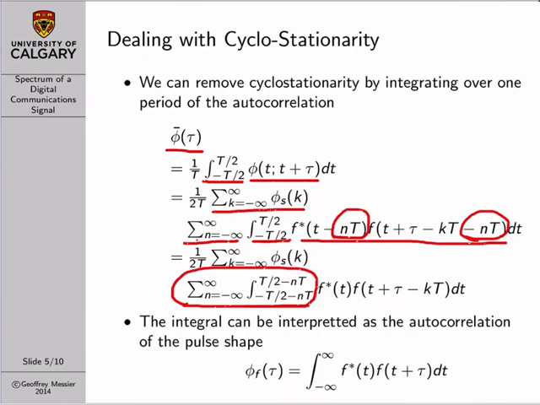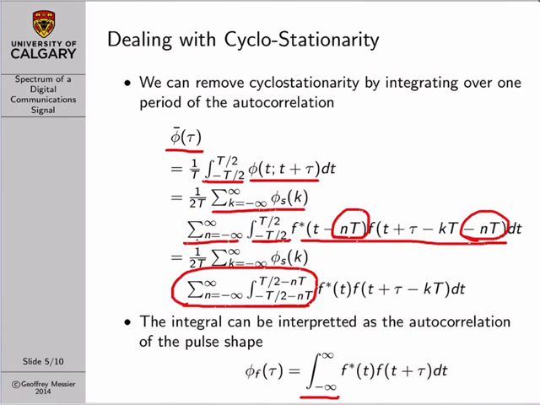So the integral and the summation together are equivalent to integrating from plus or minus infinity, because we integrate from T over 2 to minus T over 2 at some value of nT, and then we add it to a shifted version of that, and then add it to a shifted version of that again. So for example, if n was equal to 0, we integrate from minus T over 2 to T over 2.